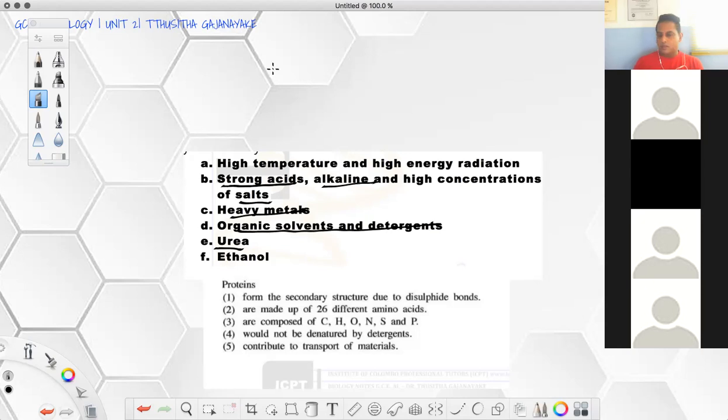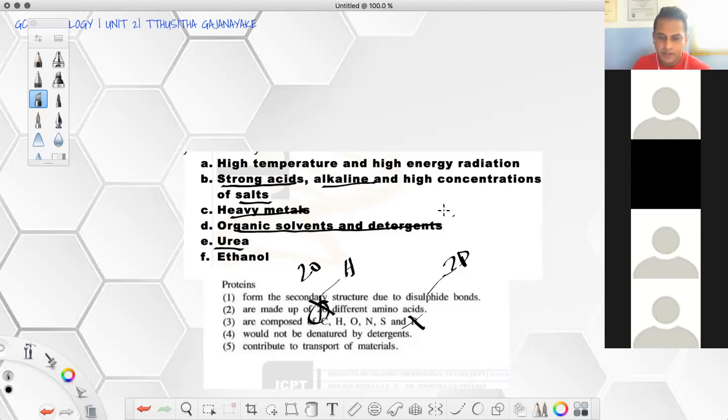Yes, if we correctly understand the lessons, the secondary structure has hydrogen bonds. Disulfide bonds we can find in the tertiary structure, the 3D form. And it is not 26, it's 20 amino acids. Carbon, hydrogen, oxygen, nitrogen, sulfur, not phosphorus.